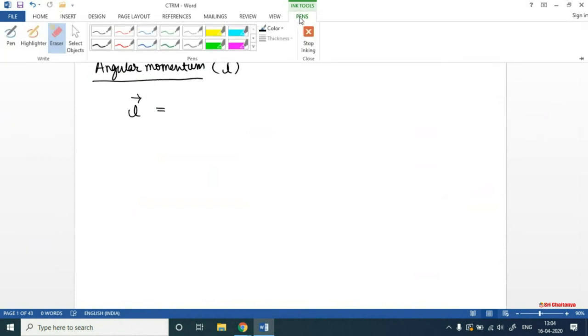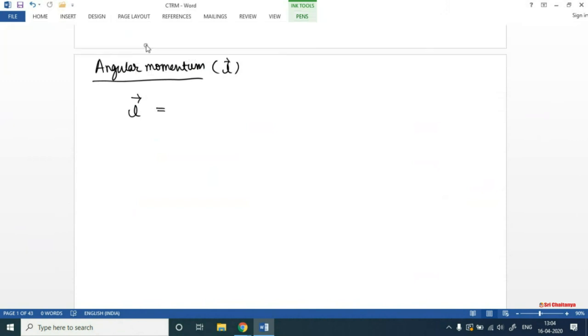So whichever point we are looking to find the angular momentum about, we will treat that as our origin.